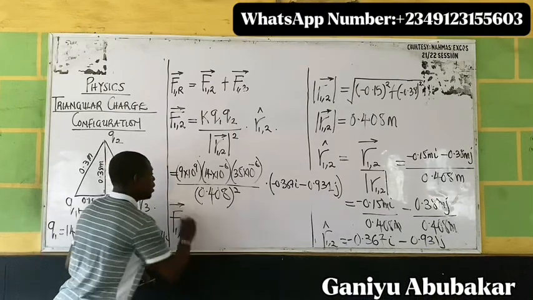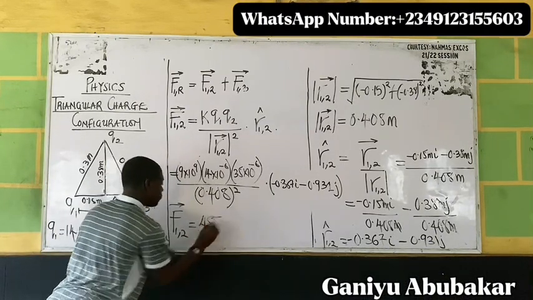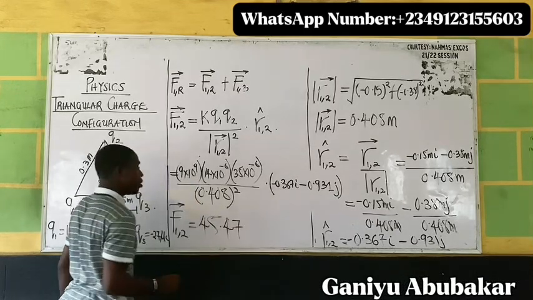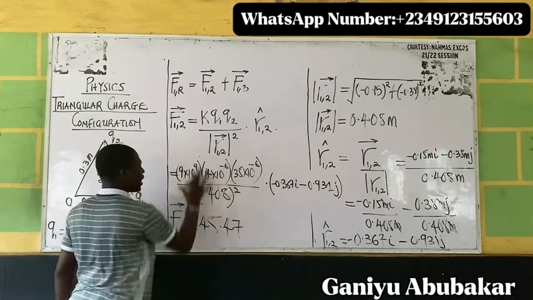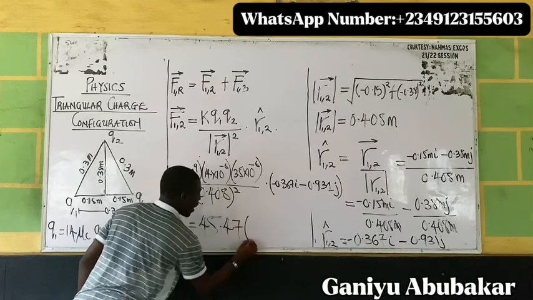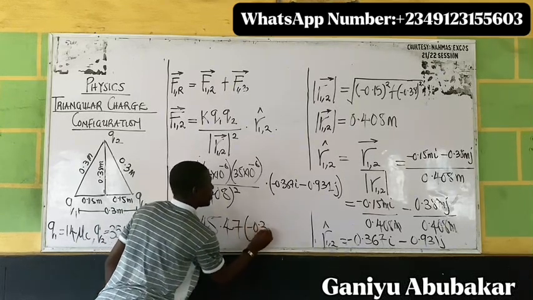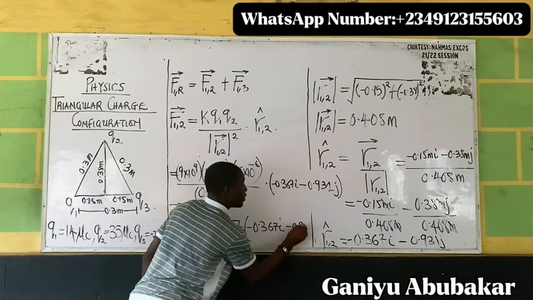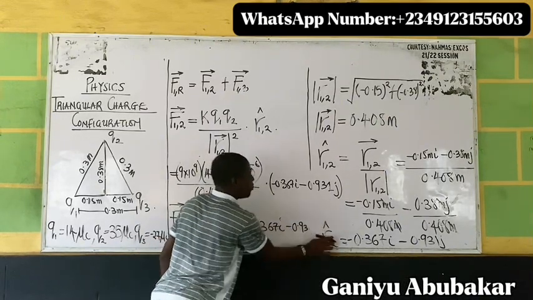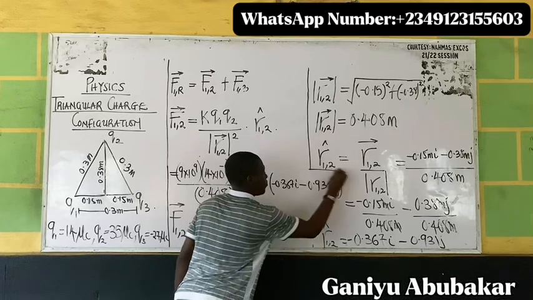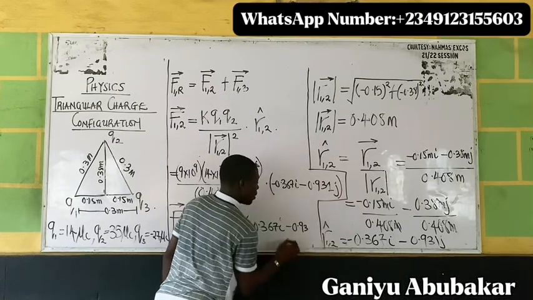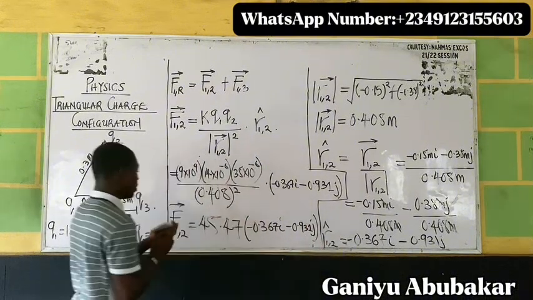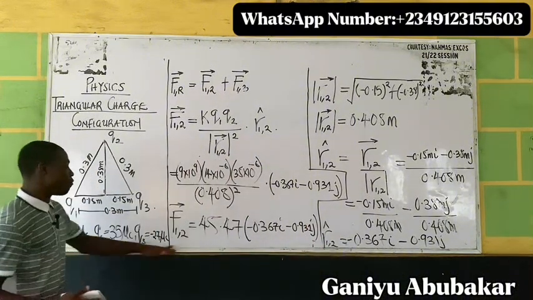This gives me 45.47. Everything multiplies the bracket: minus 0.367i minus 0.931j.